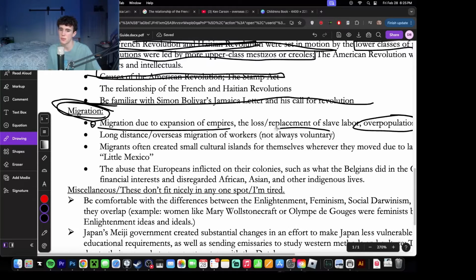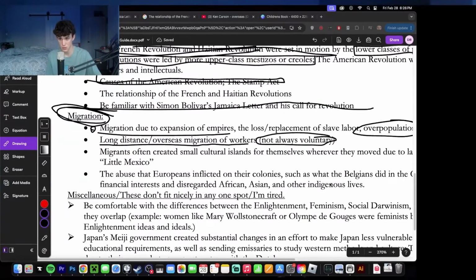And you can see here it was not always voluntary. Long distance overseas migration of workers was not always voluntary, and that's sad. People just got taken from their homes and migrated, which is sad, but that's the sad truth. That's what happened.